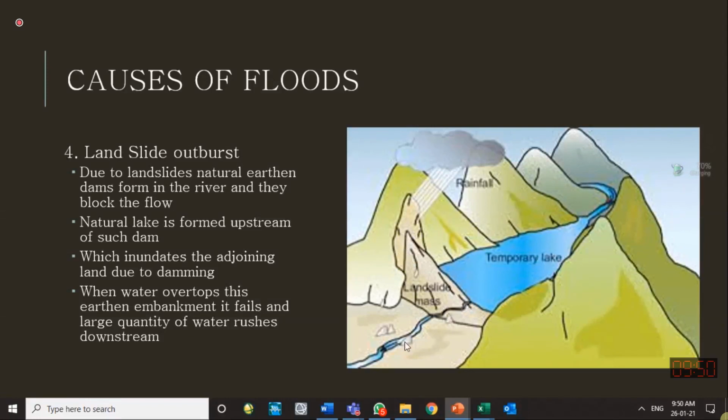Originally, this river was flowing. A huge mass has been flown down into the path of the river, and it has obstructed the path of the river. When a path of the river is obstructed by the land mass or land body, then it becomes like a reservoir.